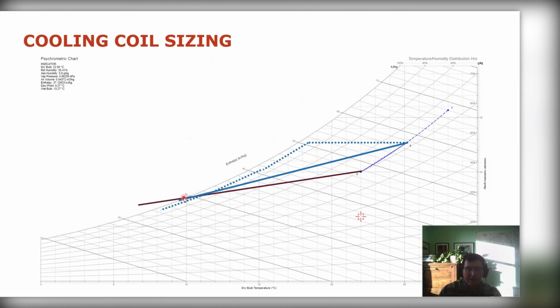You can work it out based on whatever inputs you have, and you can plot it on your chart. If it goes across and eventually comes off the chart completely, then ideally this is the point to which you want to cool down your air. When you supply the air, you can supply it right off the coil and into the room, and it will go up on this curve back to the point. So we don't need any reheat in this condition.